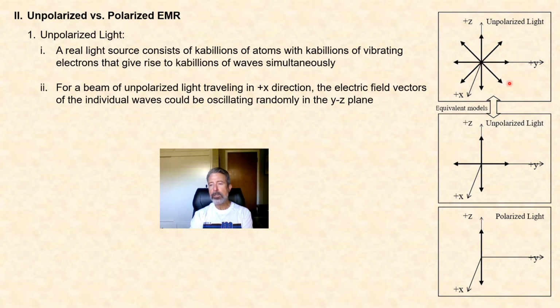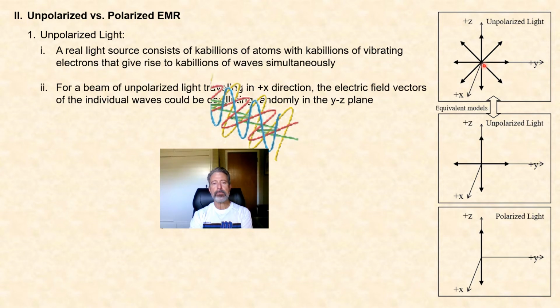But notice that if each of these vectors represents the direction in which the electric field can oscillate, they are randomly situated in the YZ plane.